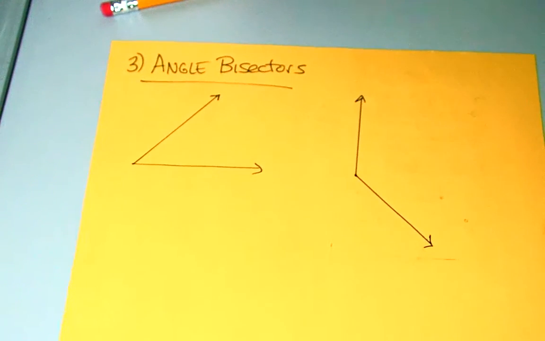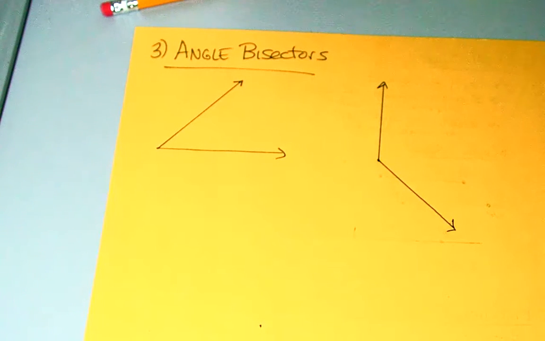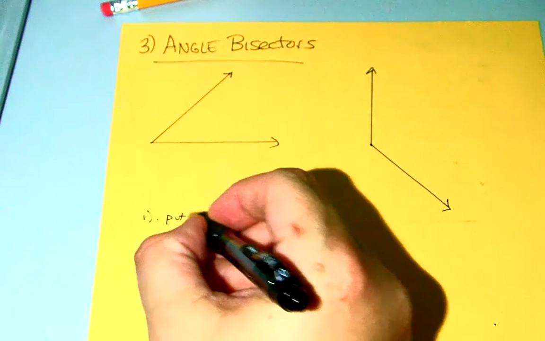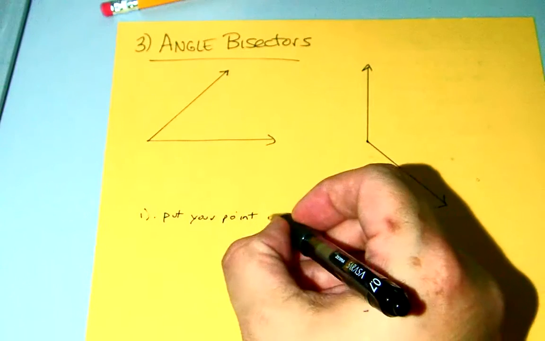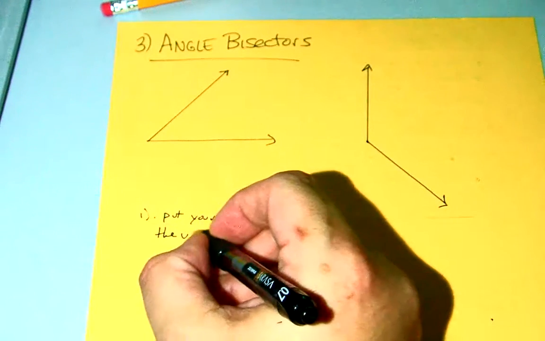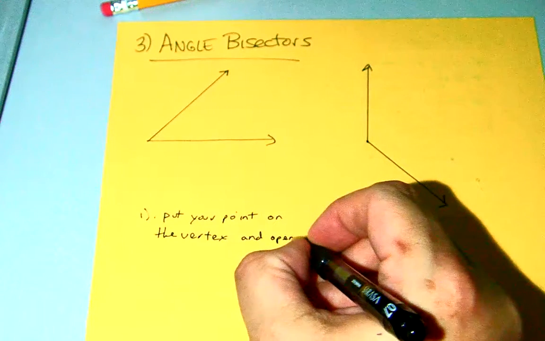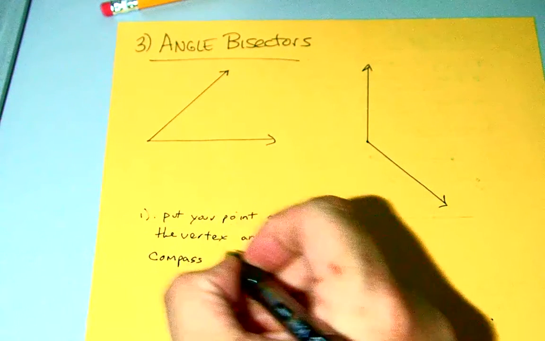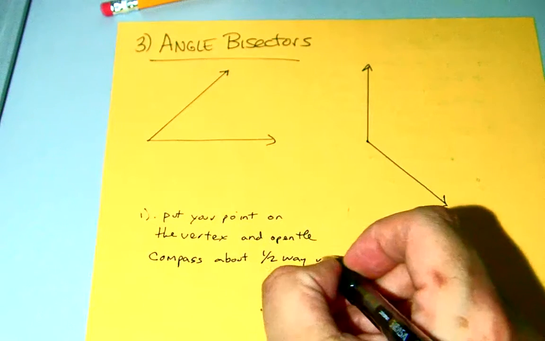And I'm going to show you how to do this using a traditional compass and the safety compass. One, put your point on the vertex and open the compass about halfway up a side.